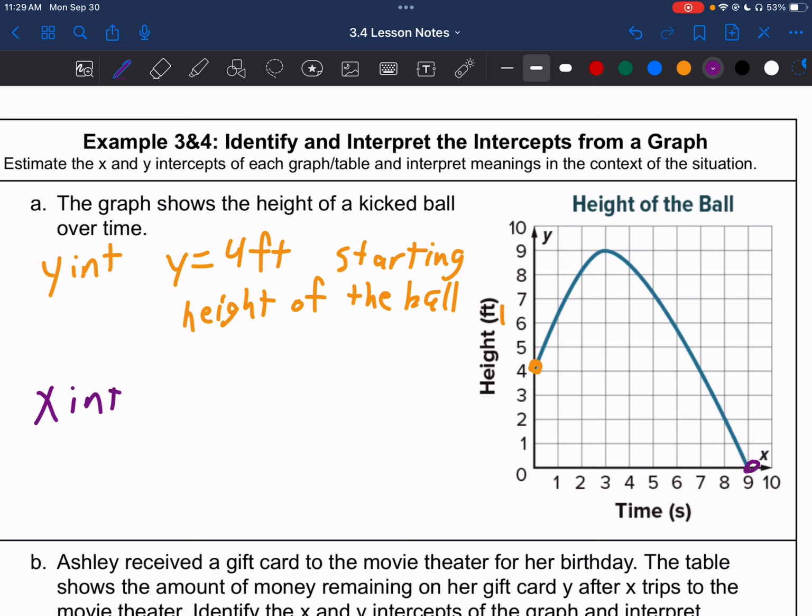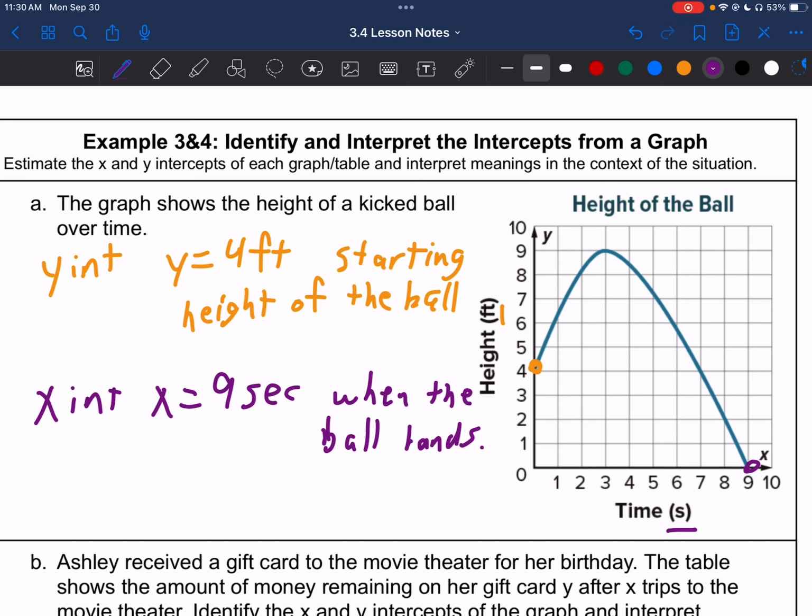So x equals 9, and we're measuring time in seconds. This represents when the ball has reached 0 height, so that is when the ball lands. So 9 seconds is when the ball lands.